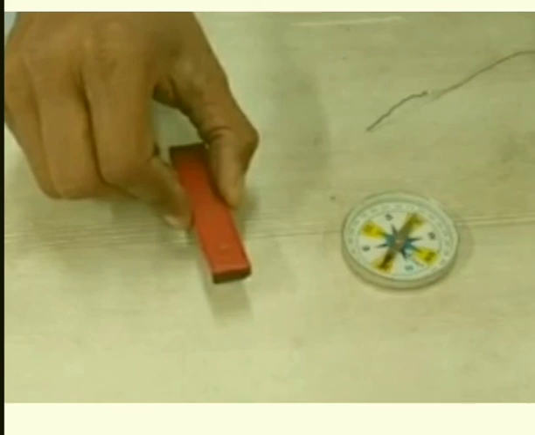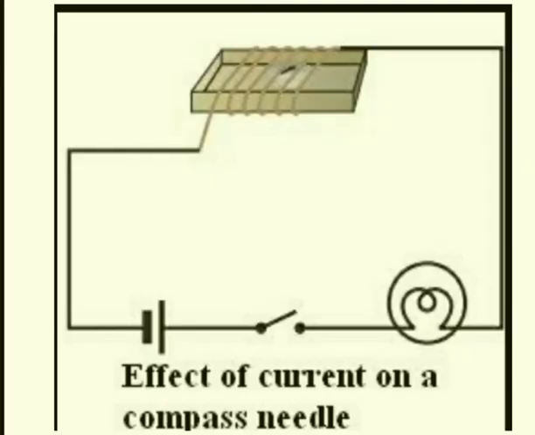That is why when a compass needle is brought near a bar magnet, its magnetic field lines interact with the bar magnet, and hence the compass needle gets deflected. So when electric current passes through a wire, it behaves like a magnet. This is the magnetic effect of the electric current. In fact, an electric current can be used to make magnets.